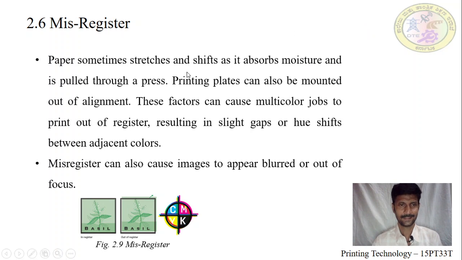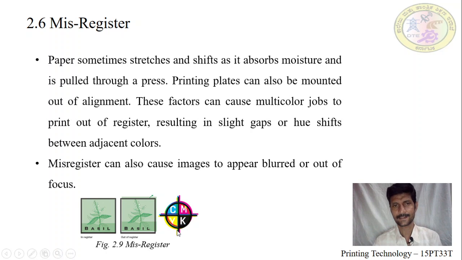See this image carefully. In the first one, within a box, the output image or the background of the image is placed properly. In the second, due to the misregistration problem, the image or the background is out of the box.